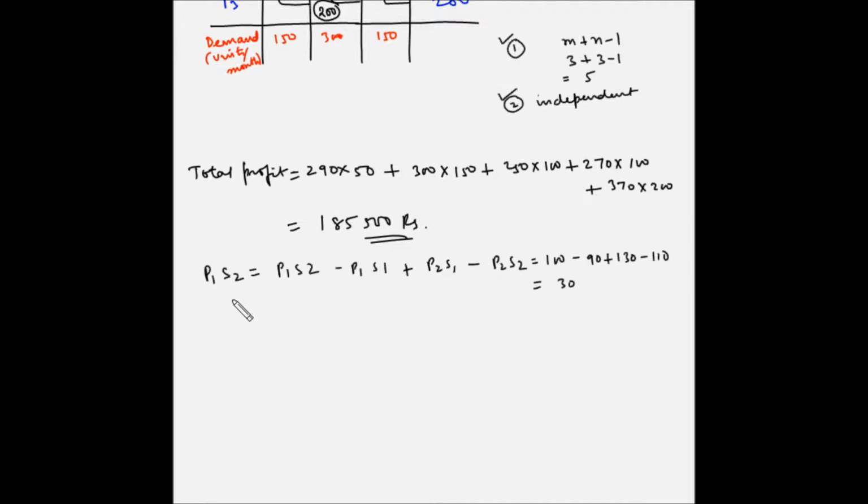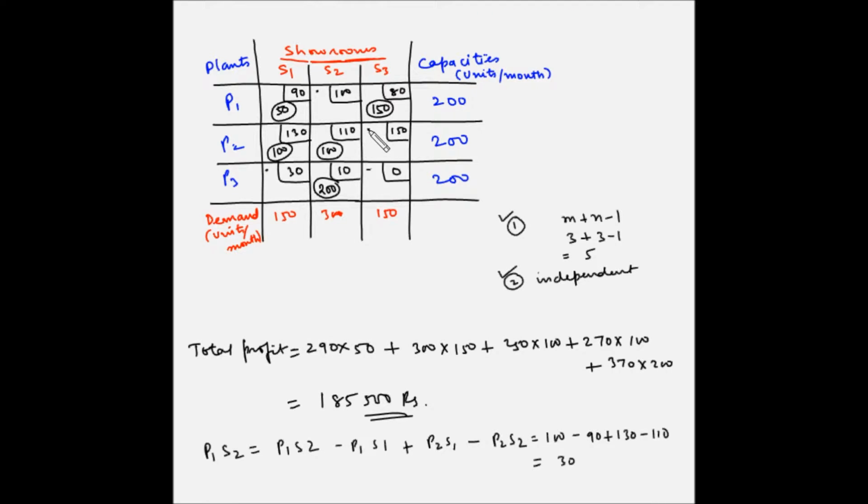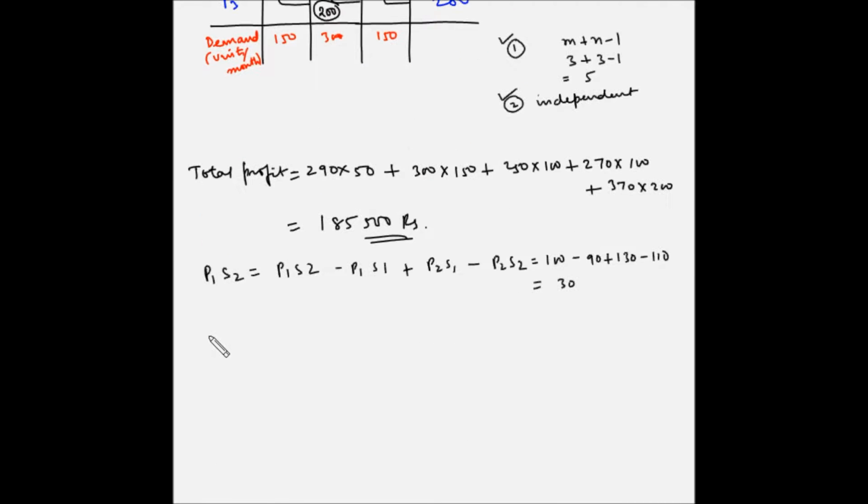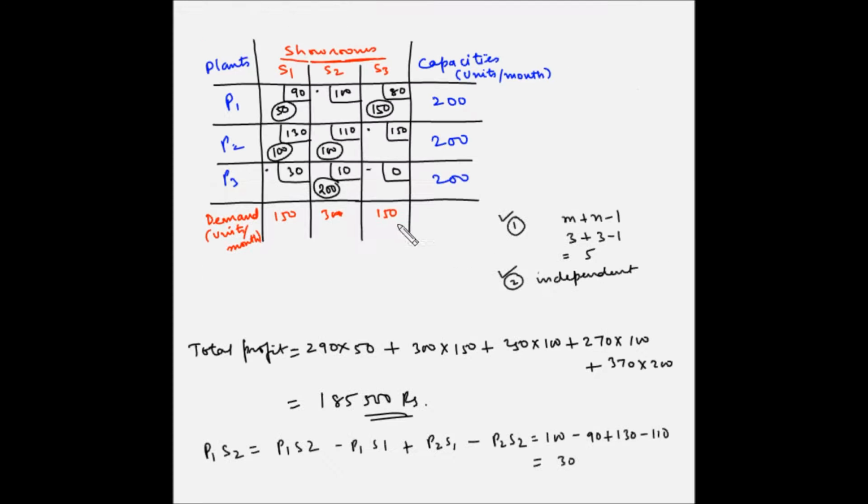Let's move to the next water square, which is P2S3. So for P2S3, the closed loop can be P2S3 to P1S3 to P1S1 to P2S1 and then back to P2S3.